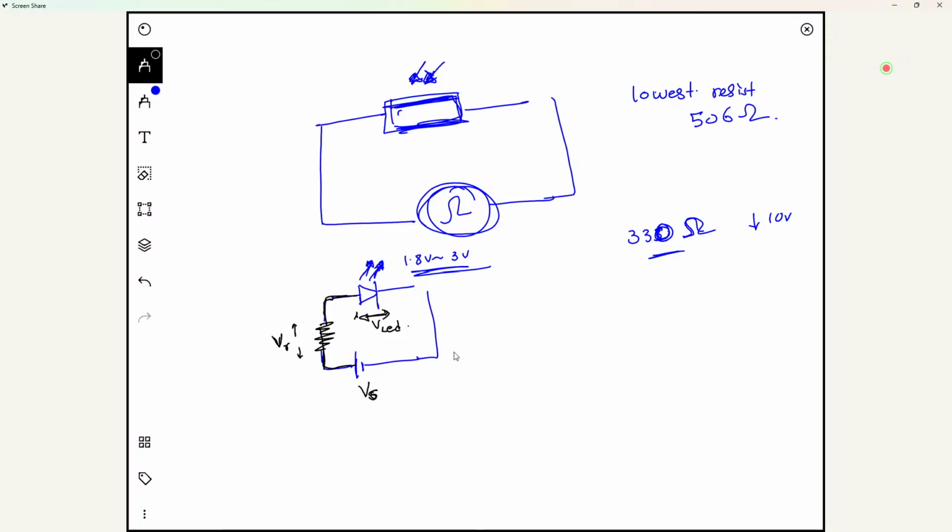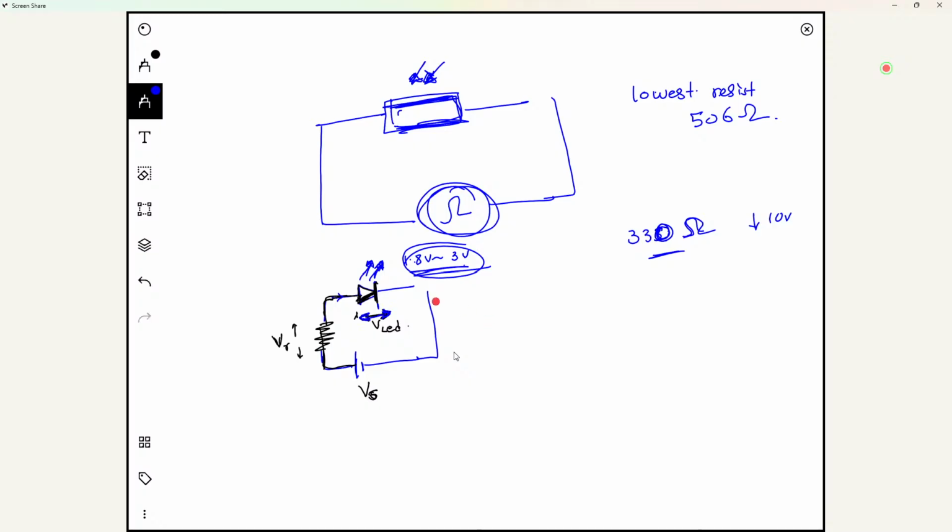As this is a semiconductor device, most of the time, or almost all the time, the voltage drop across the LED will be the rated voltage of this device because this is a diode. So it will always have the forward bias voltage drop of around 1.8 to 3 volts. Anyway, that will be a fixed value.